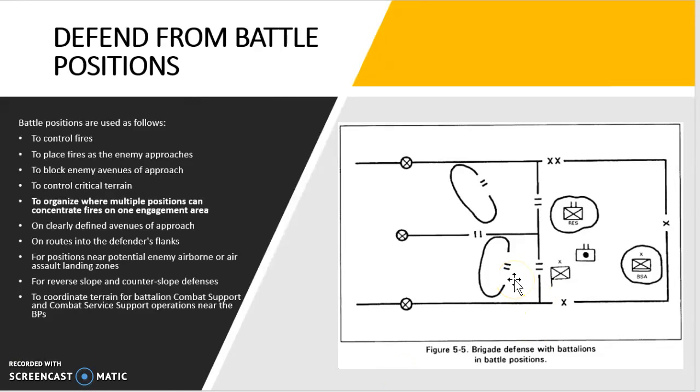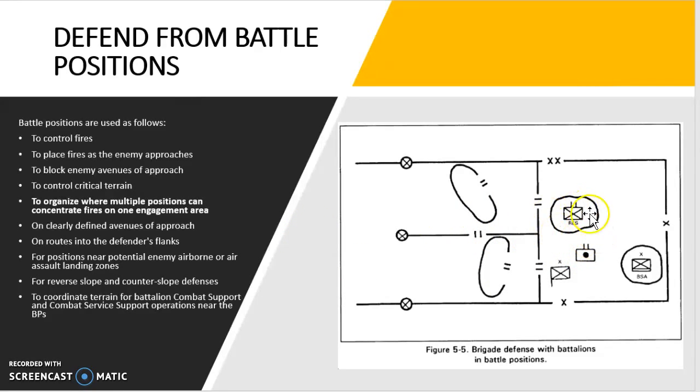So let's look at this picture. All right, so this looks like a division boundary up here. You have different what look like brigade boundaries, and these are battalion battle positions. They put the icon in the back, so they are actually facing toward the west. It looks like they're setting up a battle position because they want to prevent the enemy moving from west to east.